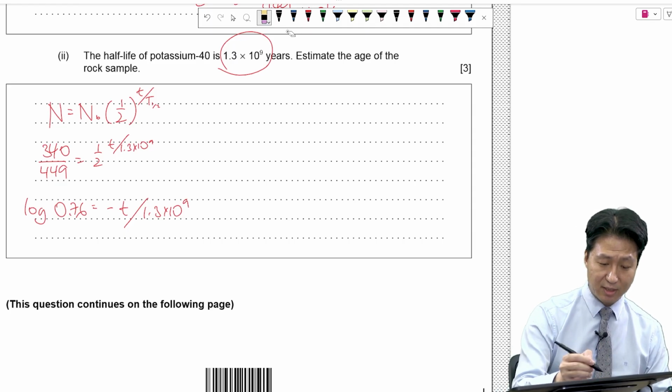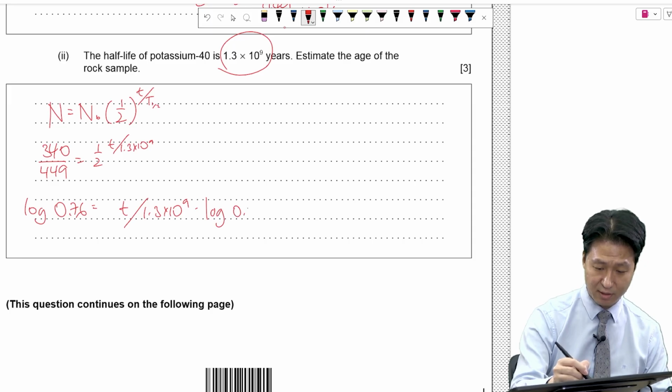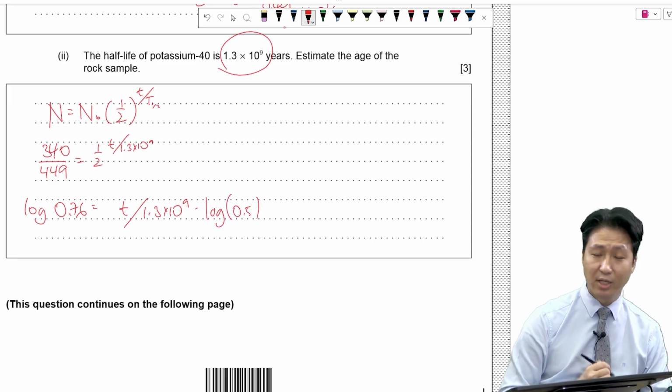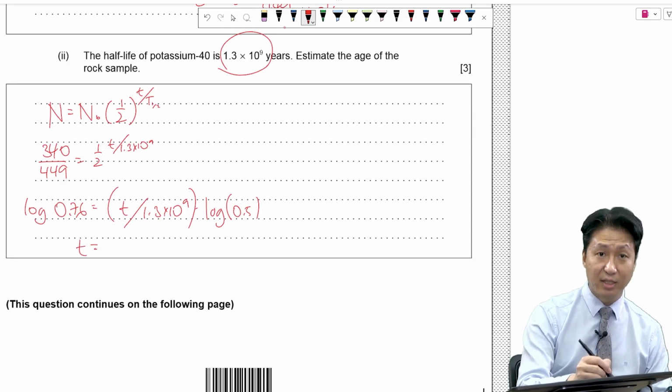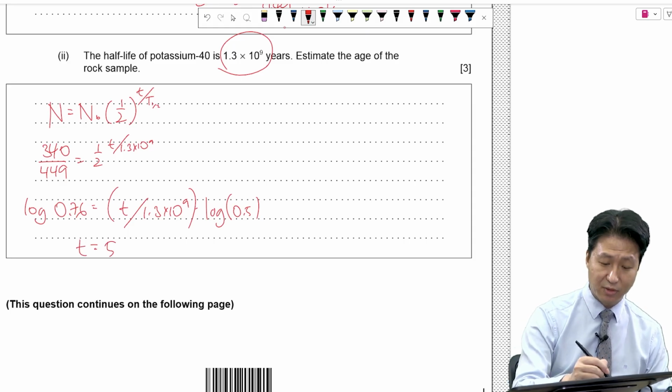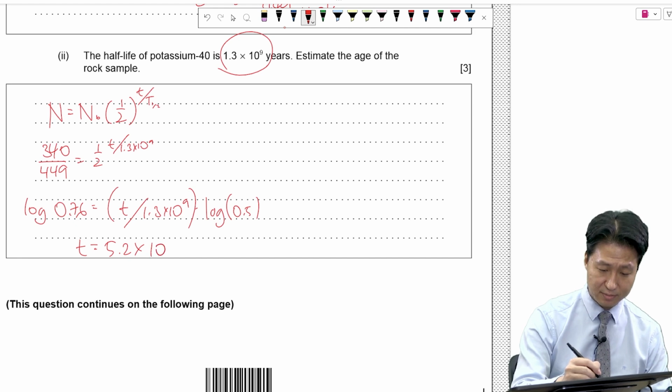Otherwise, if you use base 10, you still have to do times log of 0.5. Whichever you feel is easier. And the amount of time would be 5.2 times 10 to the 8 years.